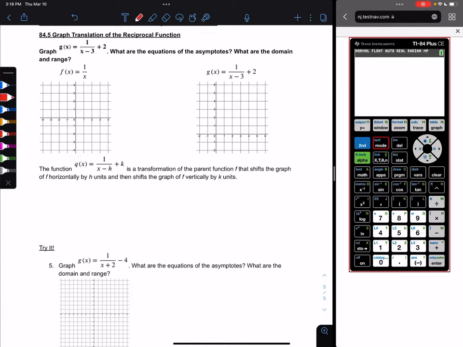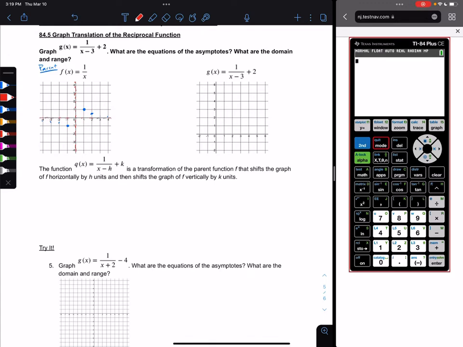So we are given f of x equals 1 over x. This is our parent function, and this is what we did in the last video. So maybe you remember 1 over x, we had the point 1, 1, 2, 1/2. So we have points that look like this here as well. We had an asymptote here as the x-axis and the y-axis.